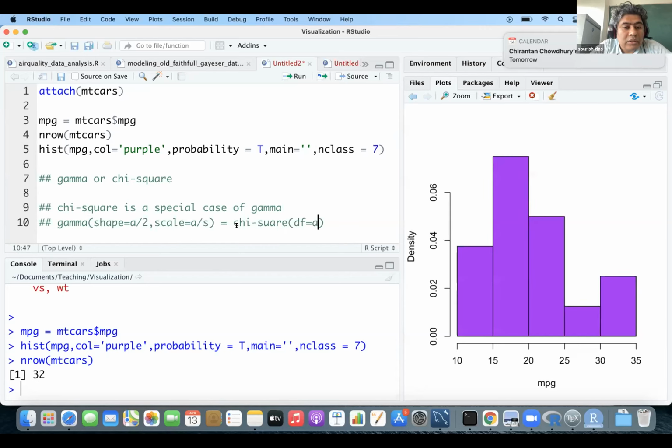So chi-square is really a special case of gamma, and we would prefer in that case gamma rather than chi-square.